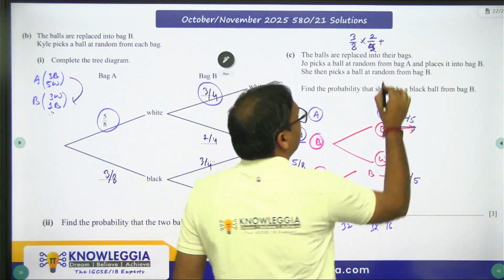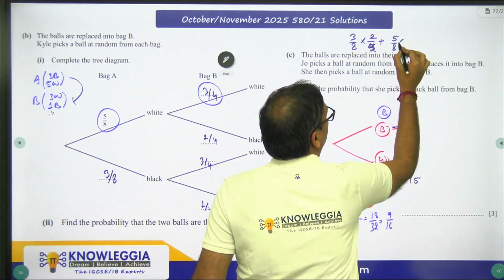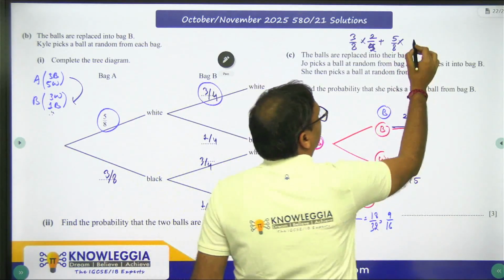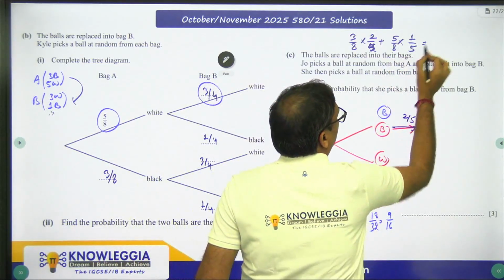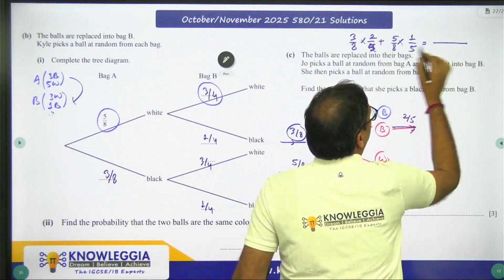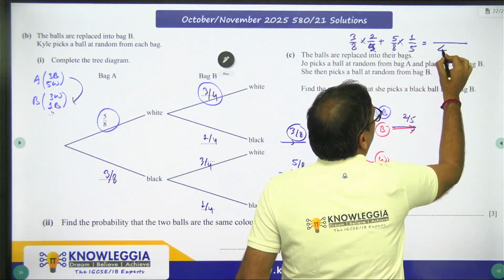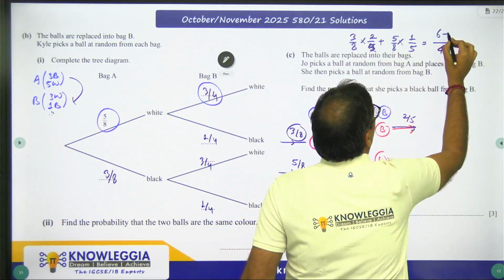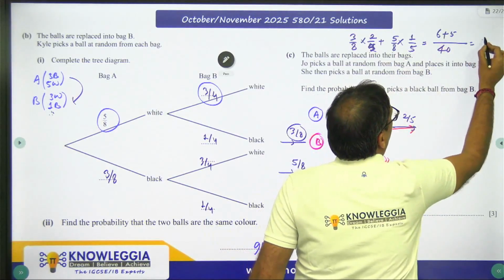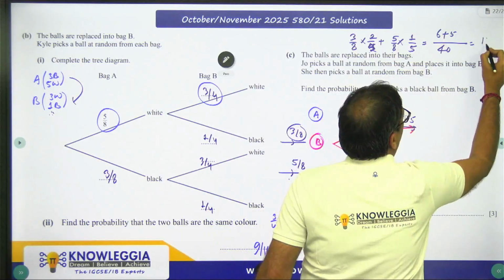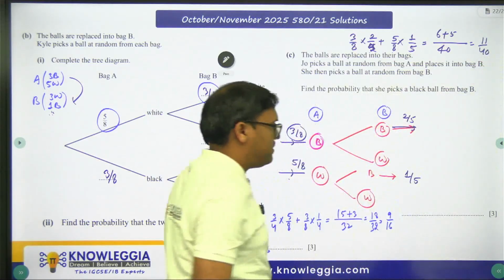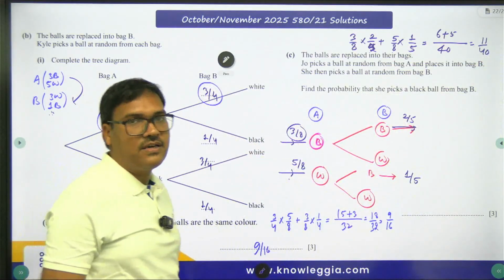So the probability is 5 by 8 into 1 by 5. So what is the answer? In the denominator, this is 40, and this is also 40. This is 6 plus 5, which is 11 upon 40. So the answer is 11 by 40. That is the correct answer for this.